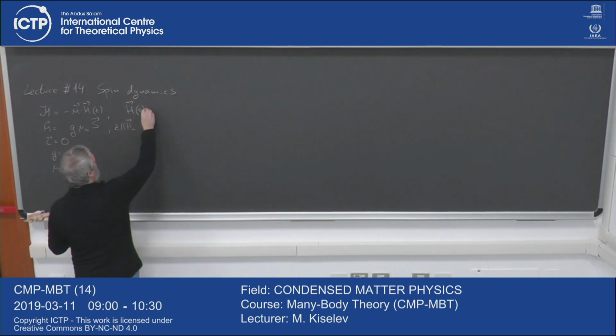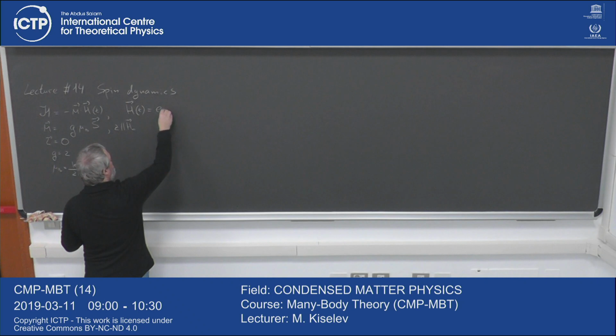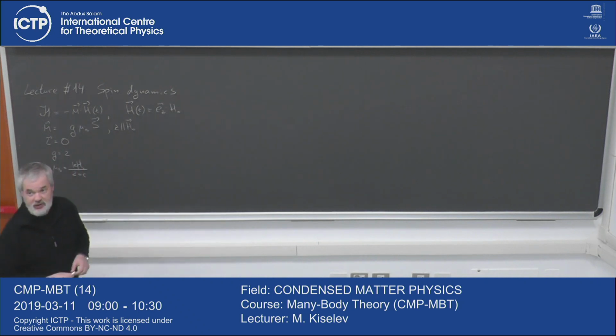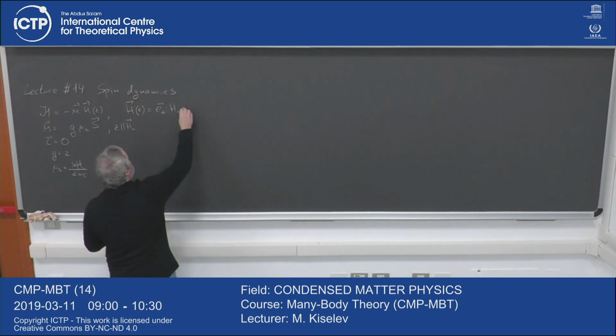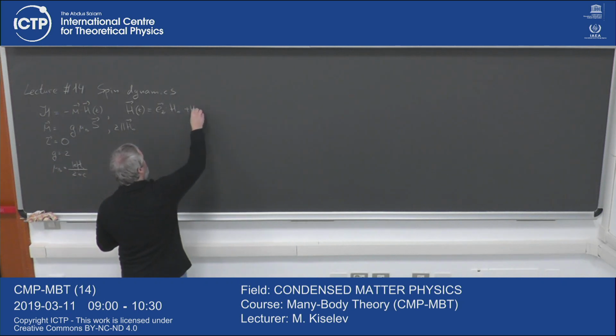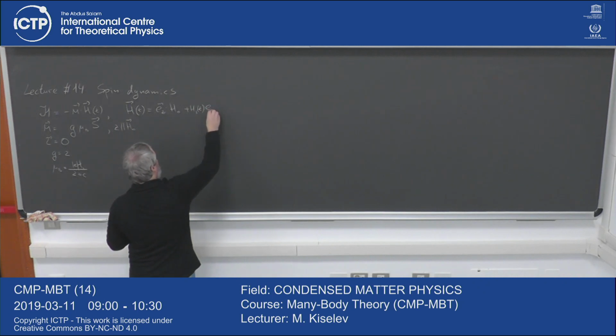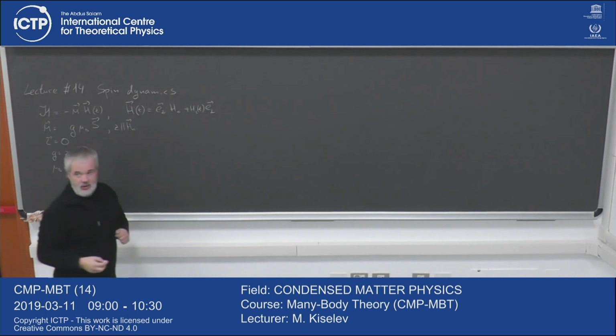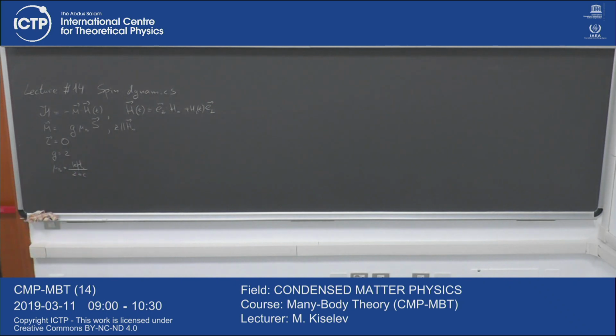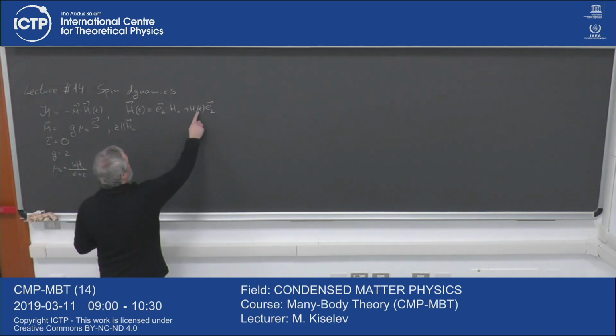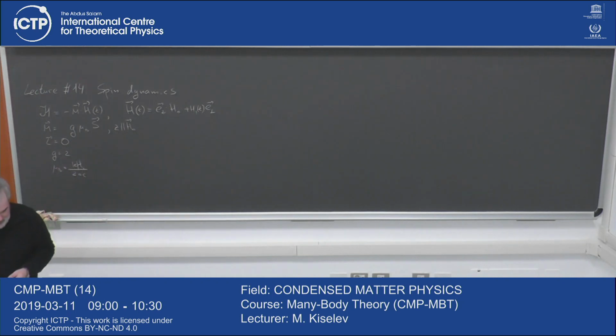Therefore I write it as e_z times H node, plus a small time-dependent component H1(t), which is applied in a direction perpendicular to the quantization axis. So this is what I'm going to deal with.